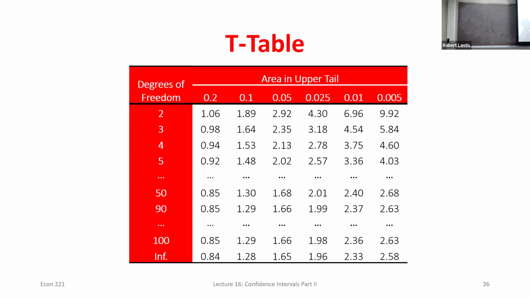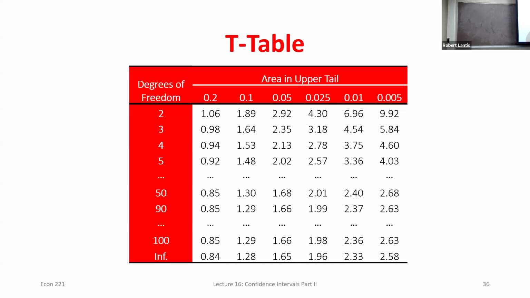If I want 0.05 in my tail, well, if my degrees of freedom is only 2, I need a really high value, right? 2.92. If I have higher degrees of freedom, that value can be lower and lower until I get to 100. Now it's almost the exact same.